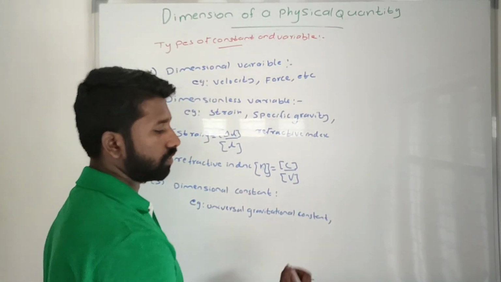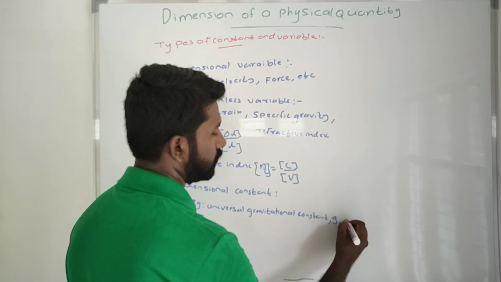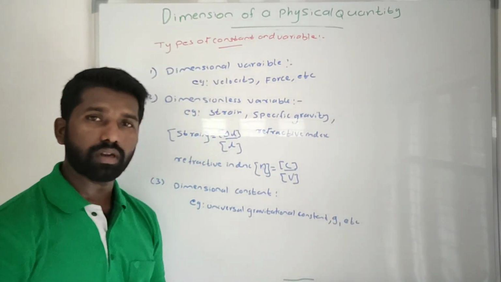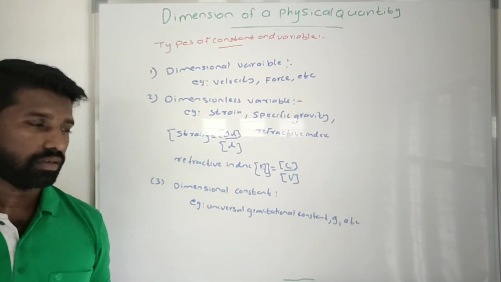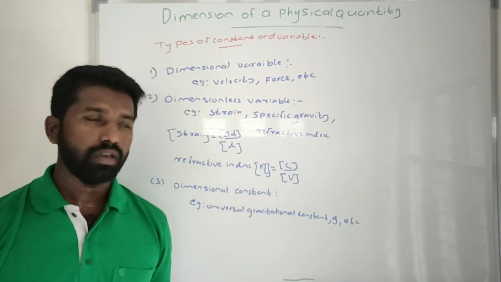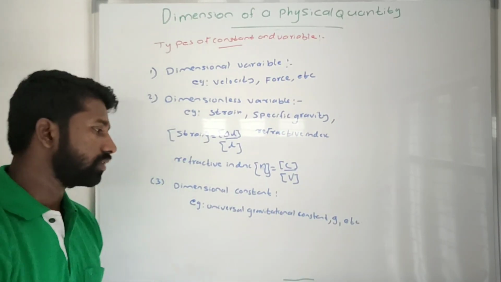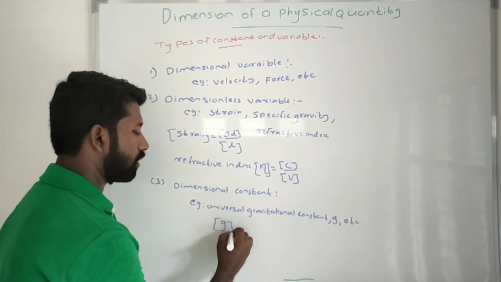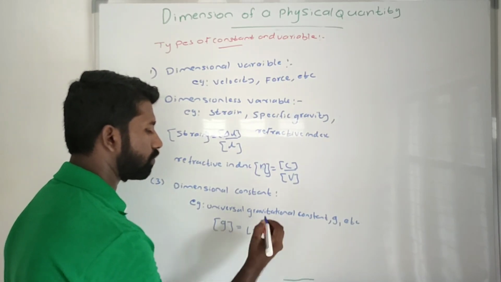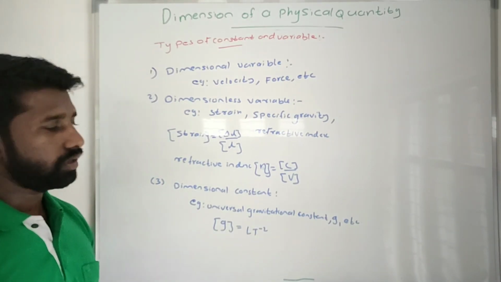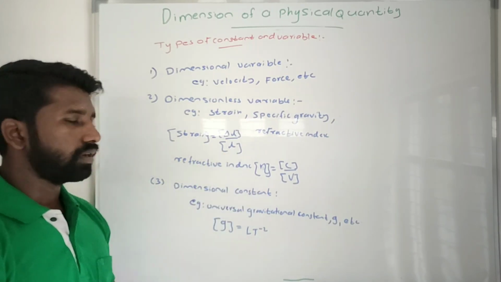And another constant we can take is g. What is g? Acceleration due to gravity, its value is 9.8. What is its dimension? It is an acceleration, so its dimension is L T power minus 2. Okay. So this is the other classification.